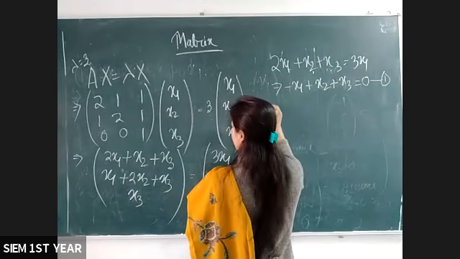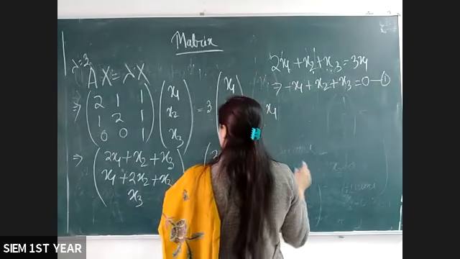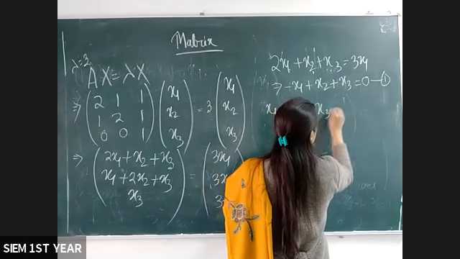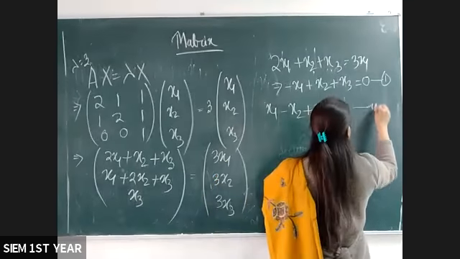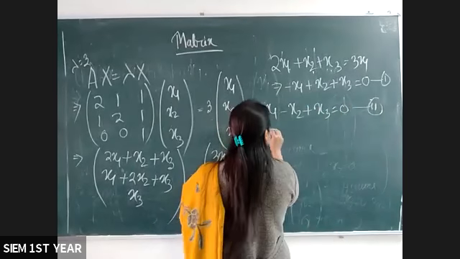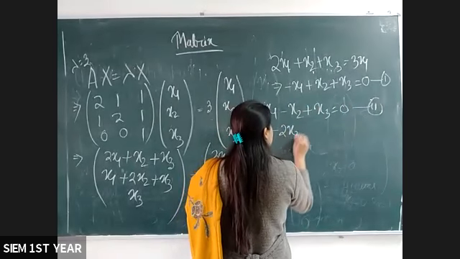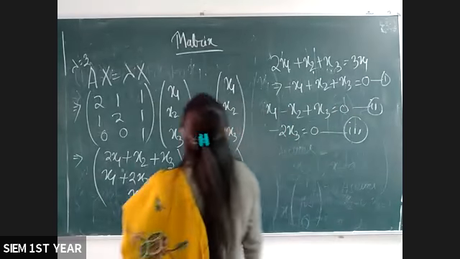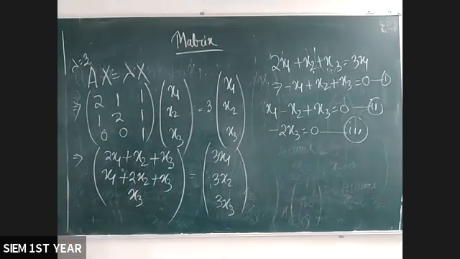Second equation will be x1, I write directly, minus x2 plus x3 is equal to 0. This will be the second equation. And the third equation will be minus 2x3 is equal to 0. Just check the equation for 1, 2, and 3. I am just equating this equation and taking the similar terms on the left hand side and just calculating.